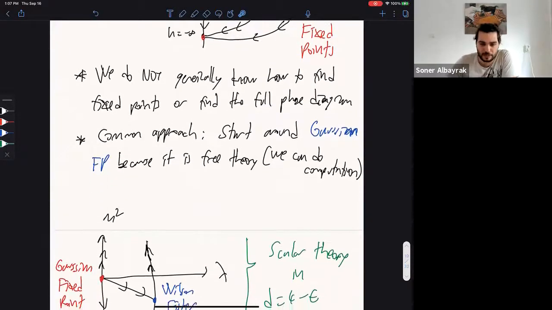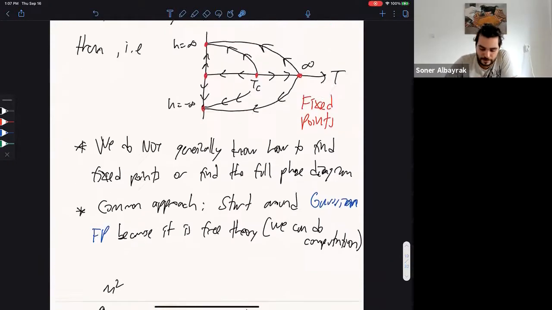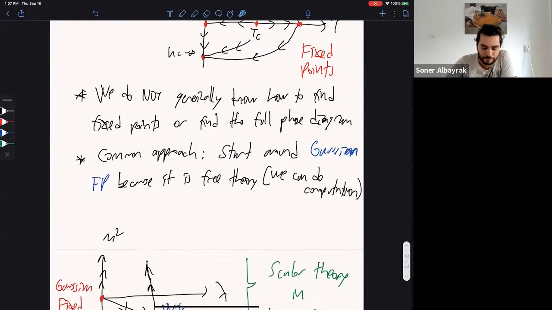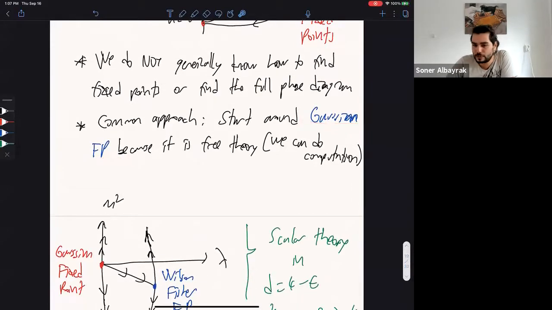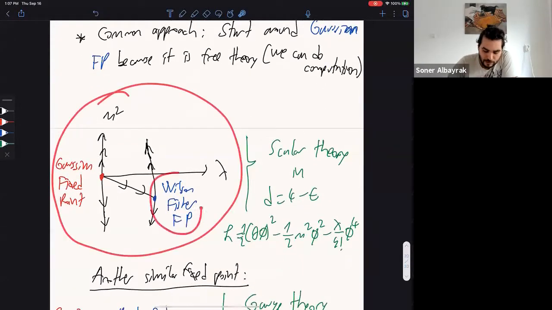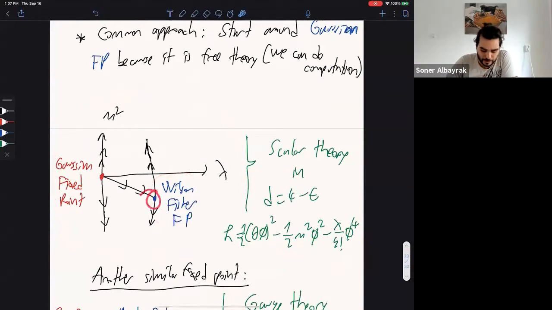Okay, but one common approach is we start around the Gaussian fixed point, because the Gaussian fixed point describes the free field theories with which we can work. Like this is something we can work with. And then around the Gaussian fixed point, we look around that region and try to find new fixed points. In fact, we argued that this is exactly how Wilson and Fisher found their famous fixed point here.